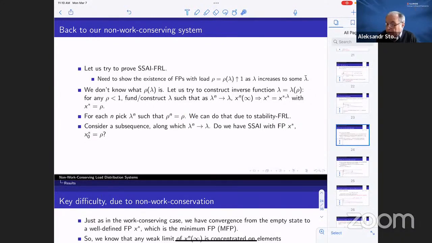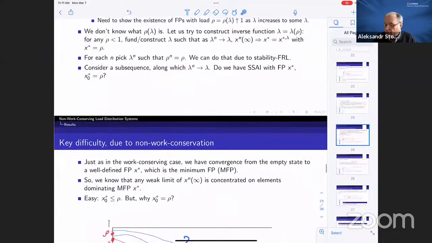Then consider any subsequence along which those lambda_n's converge to something, and let's try to prove that for this particular lambda, you concentrate at a point with load rho, which we a priori chose. So let's try to prove that.